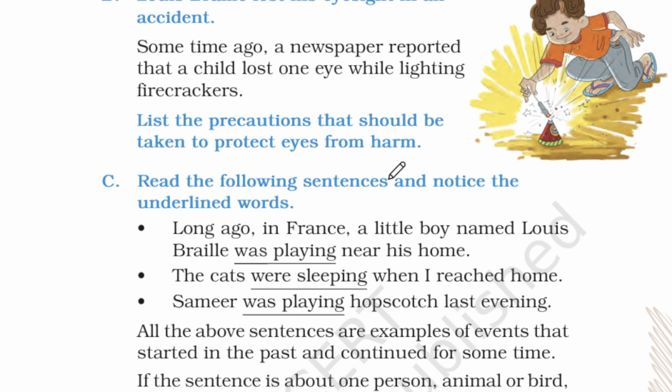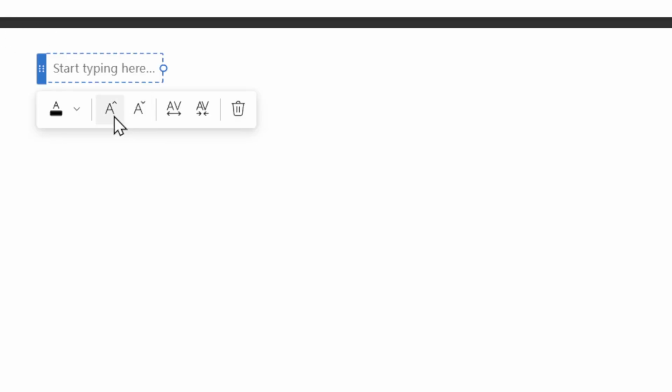We should wear protective glasses when working with chemicals, machines, or near firecrackers. I'll write one by one. If you want, you can make a note of this also. Take a pencil, you can note it down. I'll write on an empty paper. I'll give you the answer one by one.